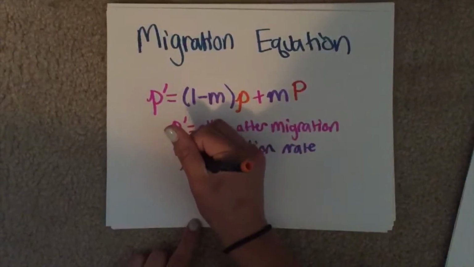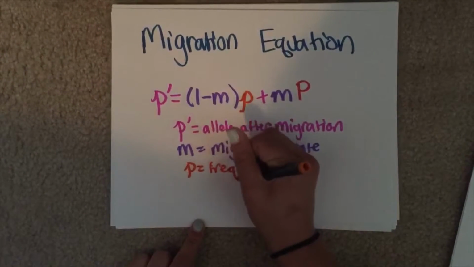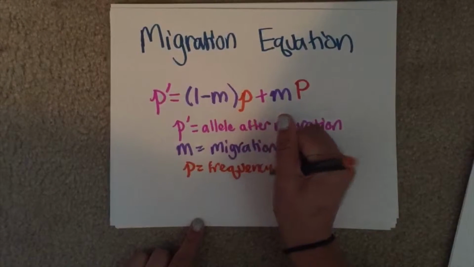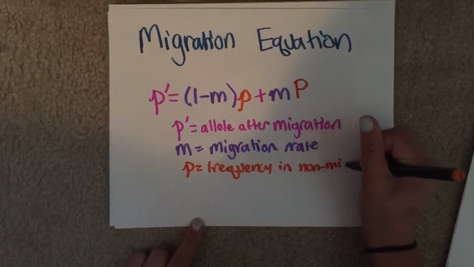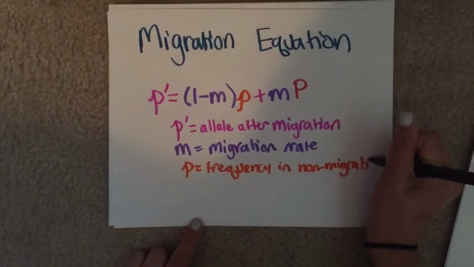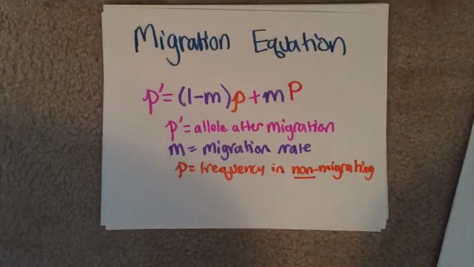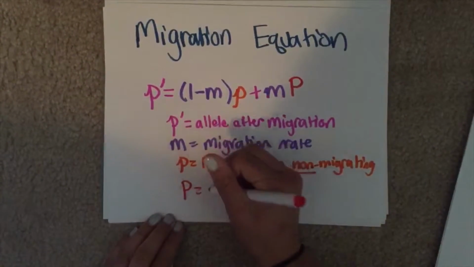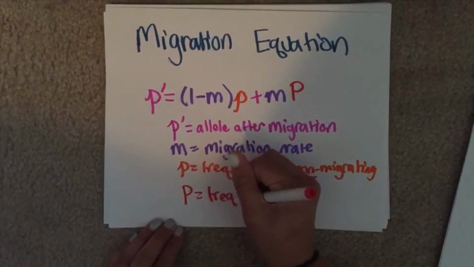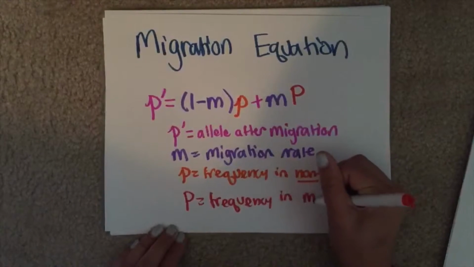Little p is the frequency of the allele in the non-migrating population. And it's important to keep little p and big P straight. And big P is the frequency of the allele in the migrating population.